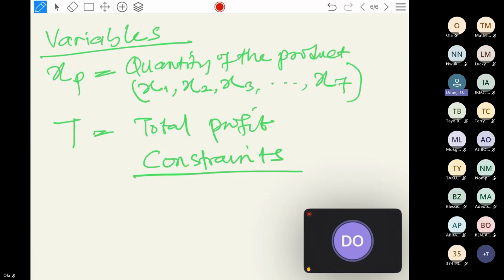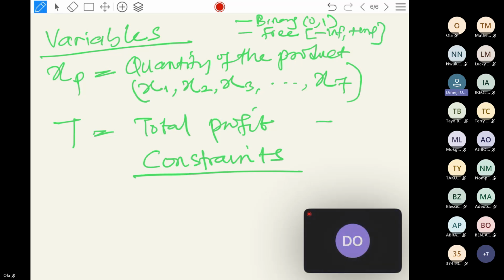Yeah. So initially when I was talking about optimization, I talked about the data types. And that's very, very important, because if you do not set the right data types, you will get a solution and you will think the solution is right, whereas it is wrong, simply because you have not set the right data types. There are different types of data. We have the binary data, which is just 0 and 1. We have the free data. Free means that it is minus infinity to plus infinity.